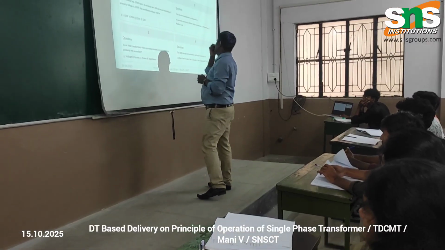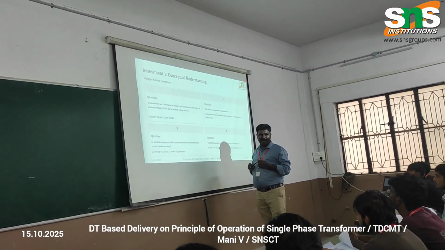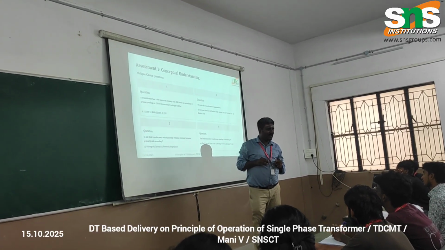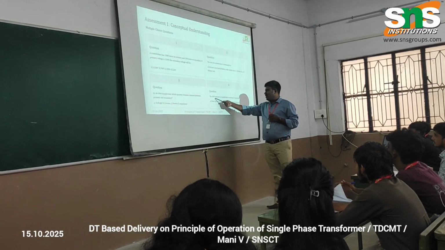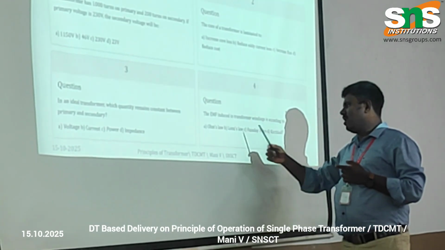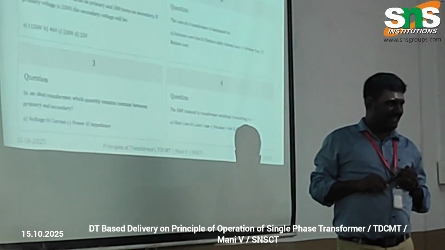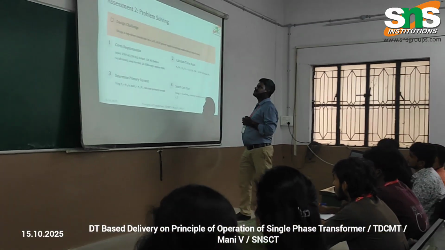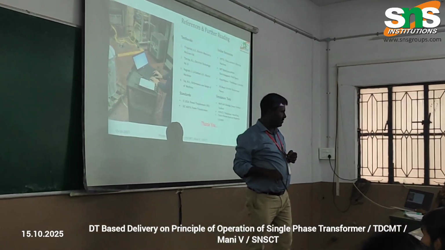So this is an assessment: the core of a transformer is laminated mainly to reduce eddy current losses. Okay, the EMF induced in the transformer is based on whether Ohm's law, Lenz's law, Faraday's law, or Kirchhoff's law. Faraday's law. So these are a few questions. Any doubt in that?